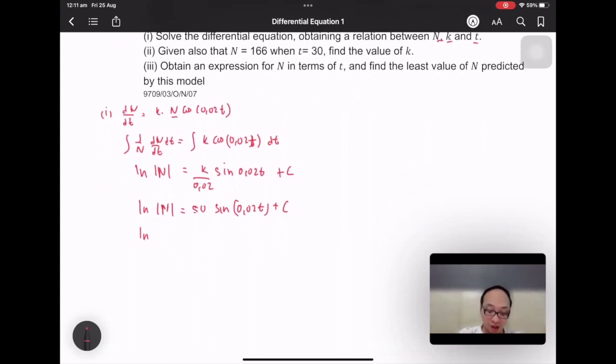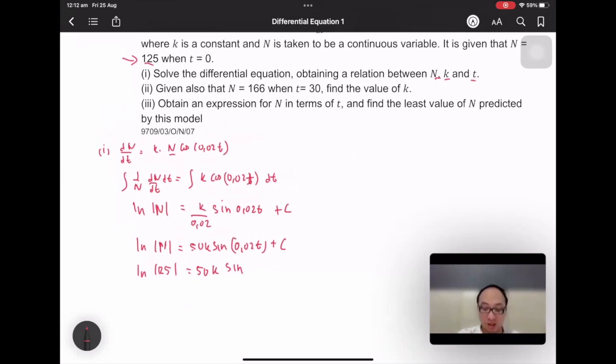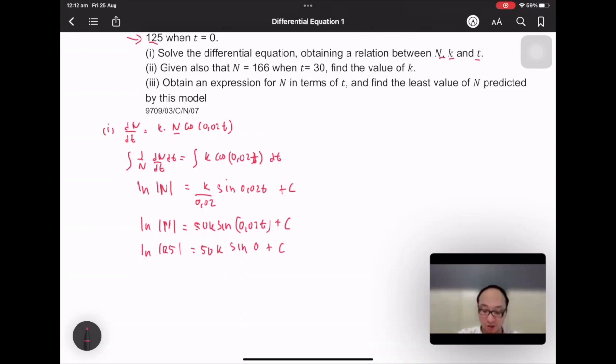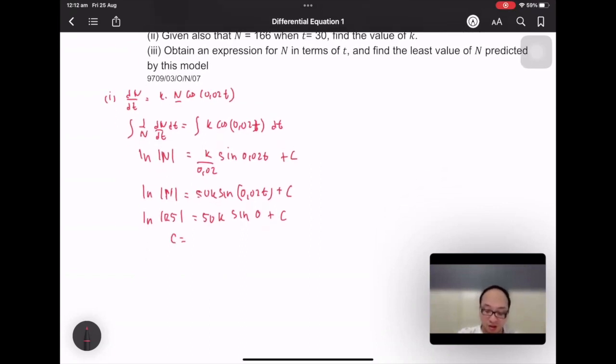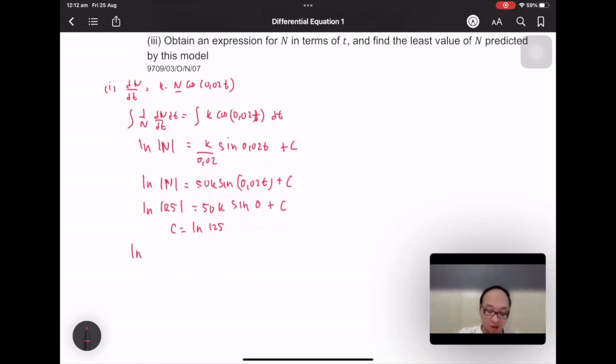So ln 125 equals 50K sine, when T equals 0, so 0. So C is ln 125. So the equation will be ln N equals 50K sine(0.02t) plus ln 125.